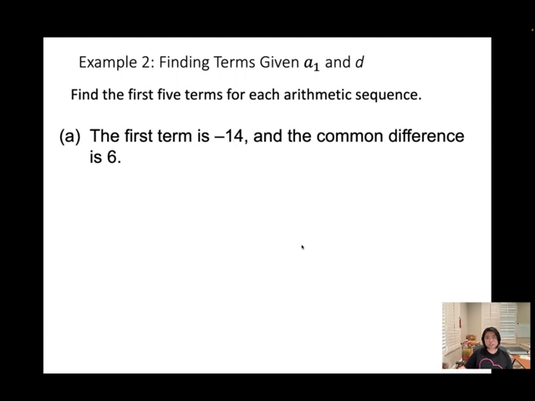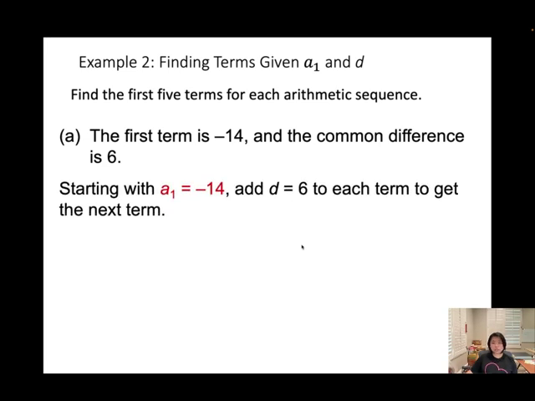Finding terms given a1 and d. Find the first 5 terms for each arithmetic sequence. The first term is negative 14 and the common difference is 6. How can you get the second term? We use a1 plus d, which equals a2.